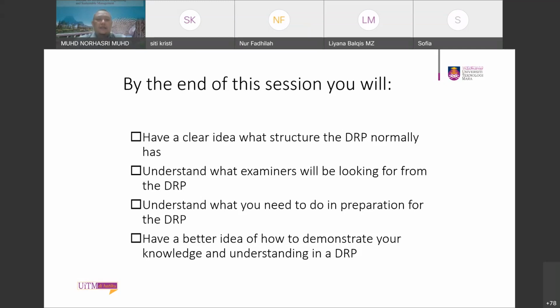The basic things that hopefully can be shared with students and research candidates here is that after this you have an idea how to prepare yourself for the DRP session. What are the basic things that examiners are looking for in candidates during the DRP, your preparation, and tricks and tips during the DRP session.